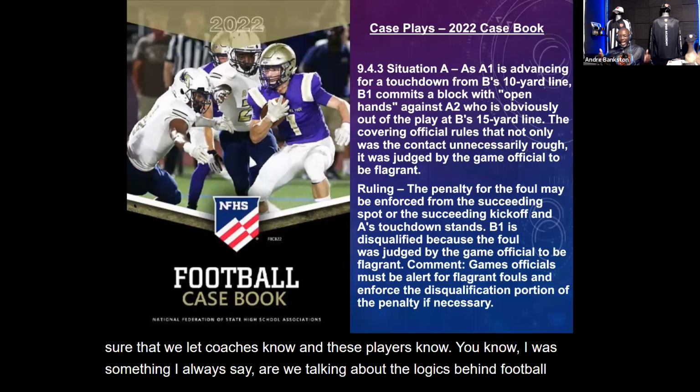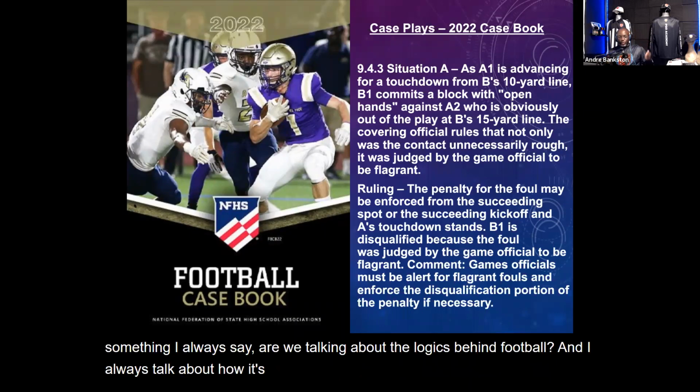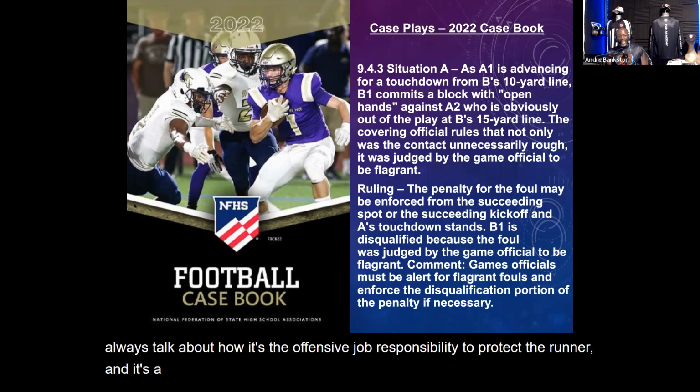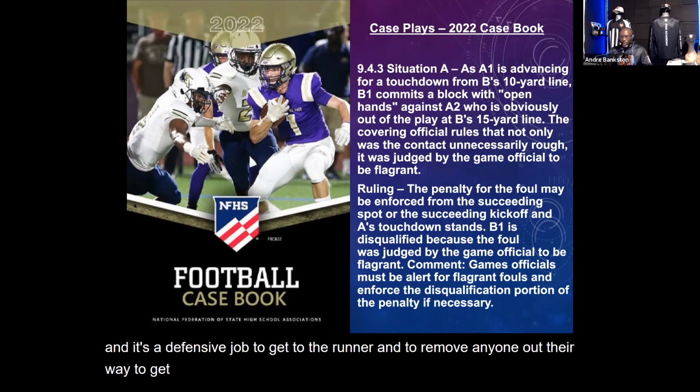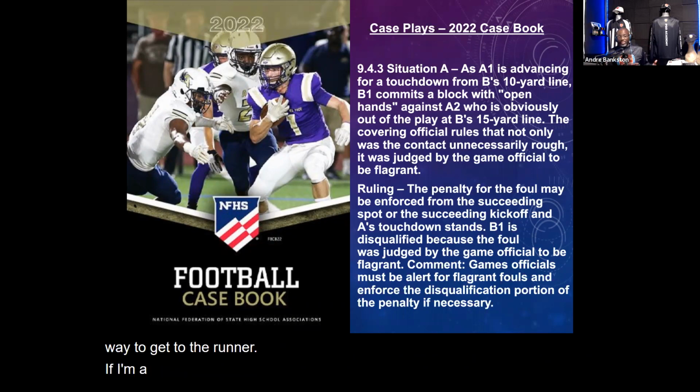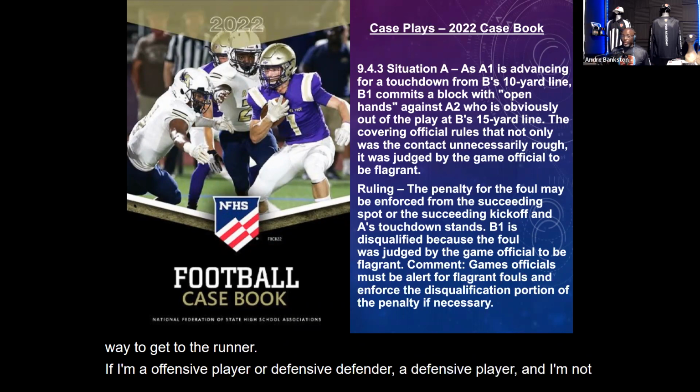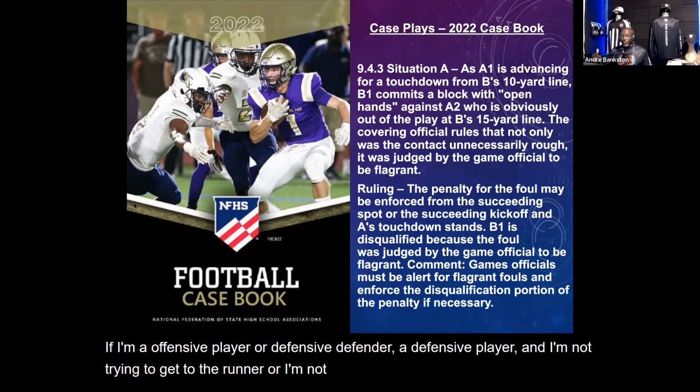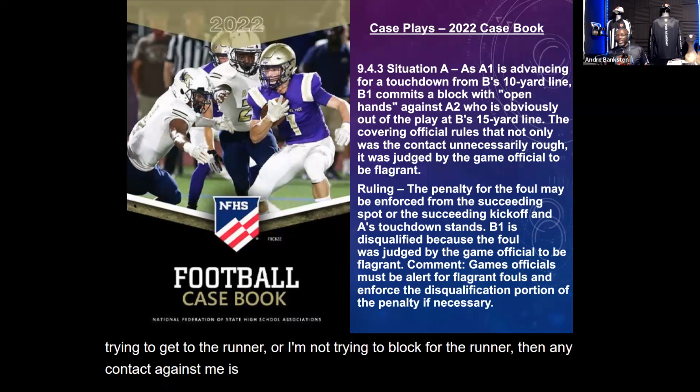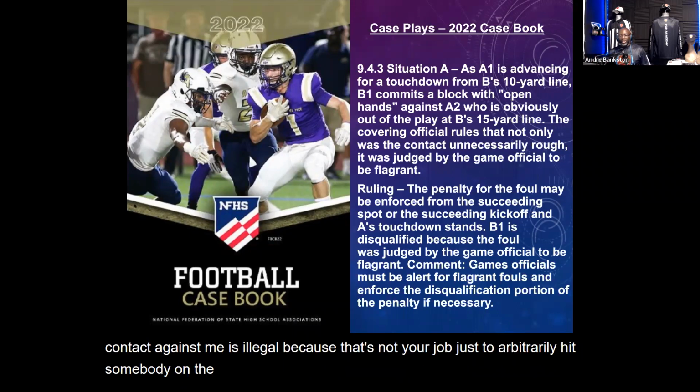Something I always say when we're talking about the logic behind football: it's the offensive job responsibility to protect the runner, and it's the defensive job to get to the runner and to remove anyone out of their way to get to the runner. Well, if I'm an offensive or defensive player, and I'm not trying to get to the runner, or I'm not trying to block for the runner, then any contact against me is illegal, because it's not your job to arbitrarily hit somebody on the field just because they're there.